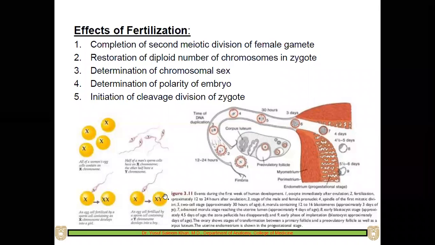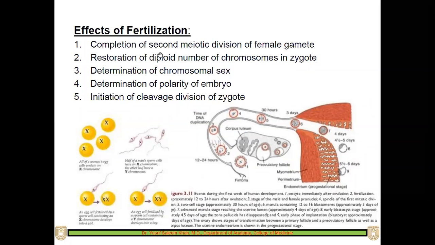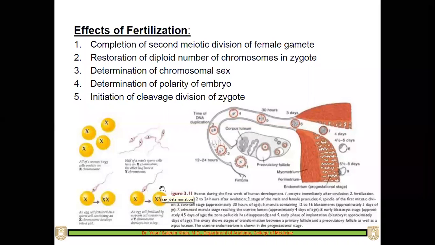So at this stage, after fertilization, it is already determined whether this fertilized egg will grow as male or female. So the determination of the chromosomal sex is already at the time of fertilization.